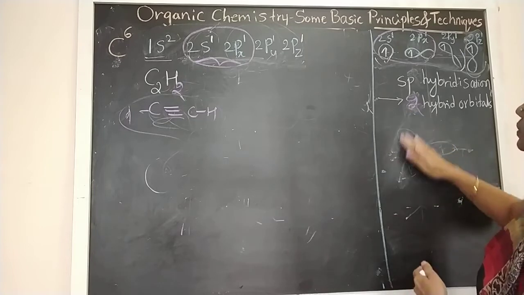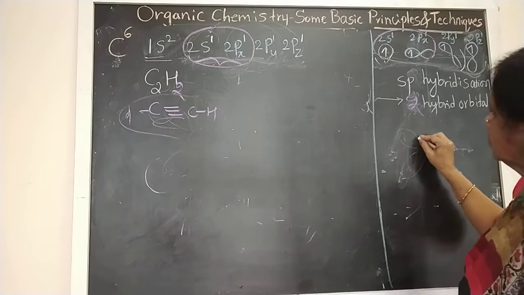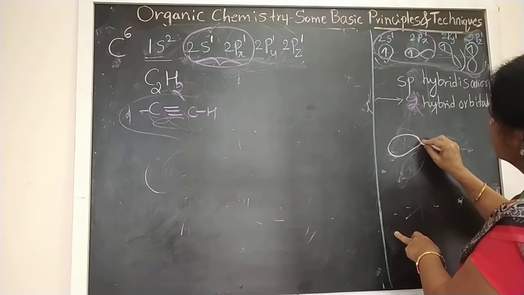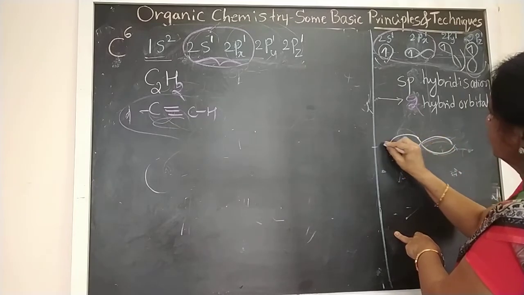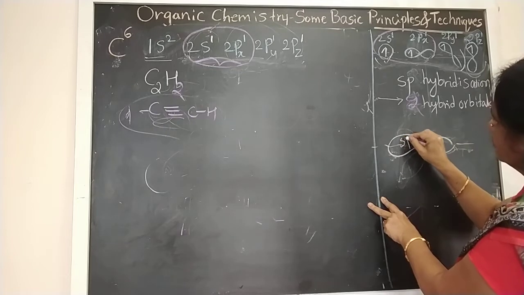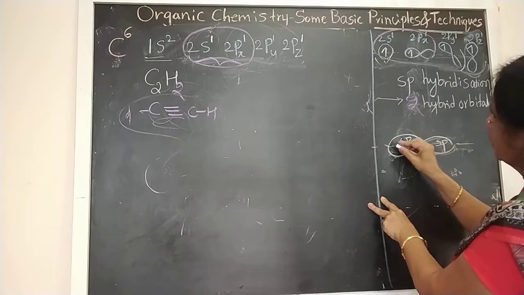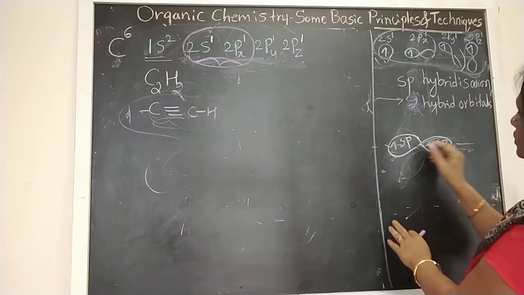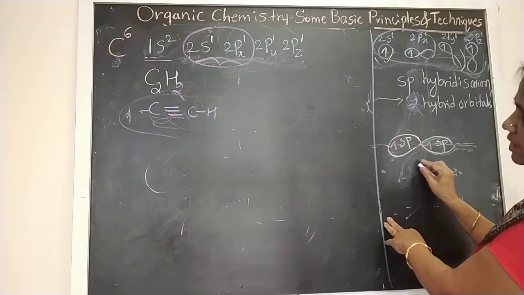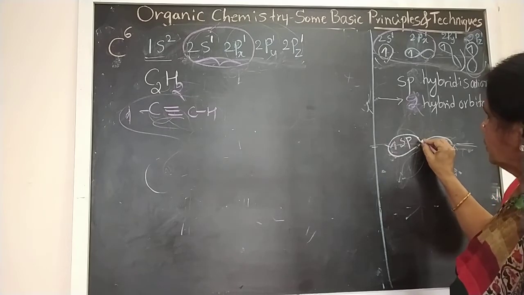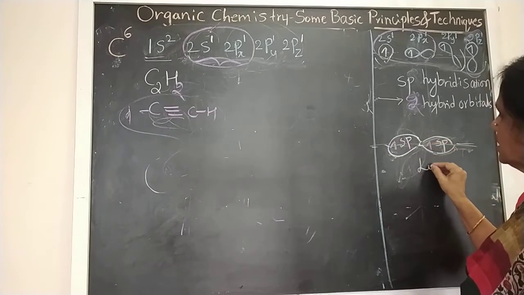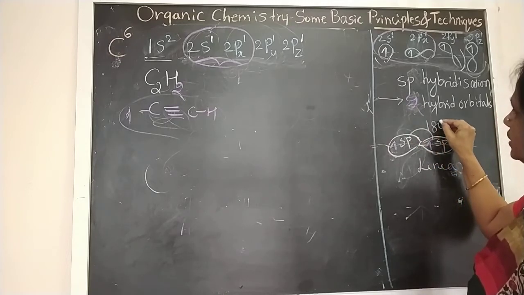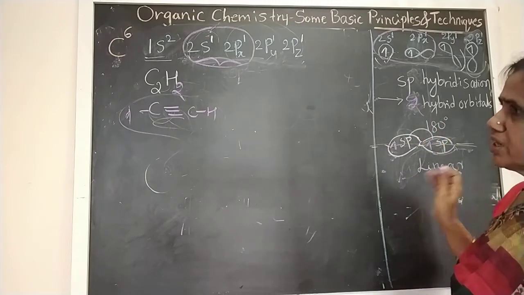Since there are only two hybrid orbitals, they lie along one axis. These are two sp hybrid orbitals, each containing a single electron. This is linear for one carbon, and the bond angle is 180 degrees.